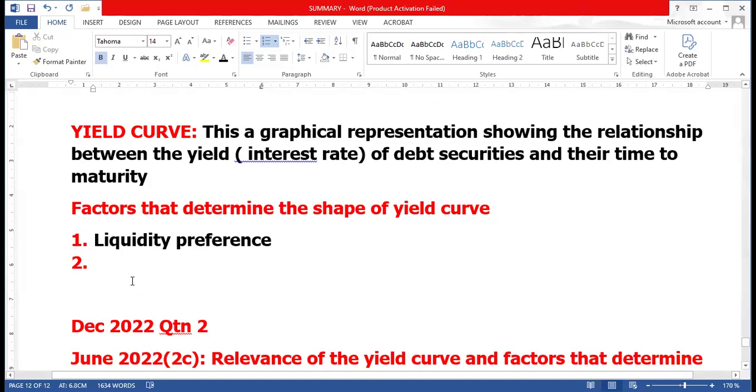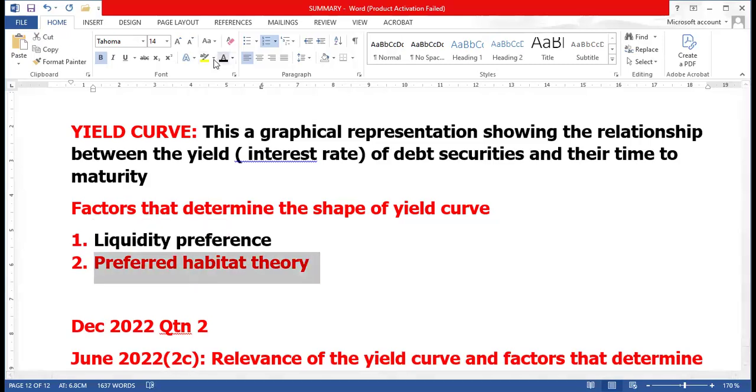Then number 2, the preferred habitat theory, in such a way that investors have zones of investment. For example, if you draw that graph, it can display it there. But they have different preferred zones of investment, and if they cannot exceed those zones, then they will have to recoup their yields.